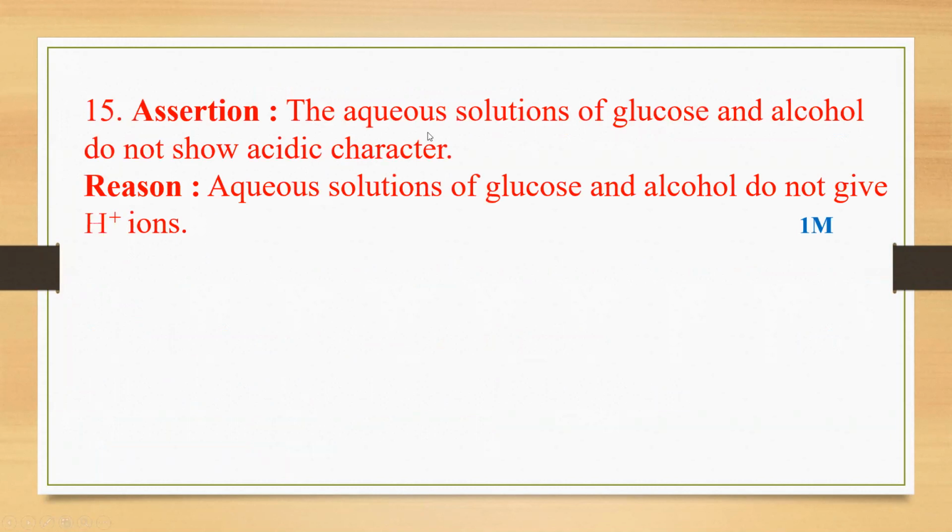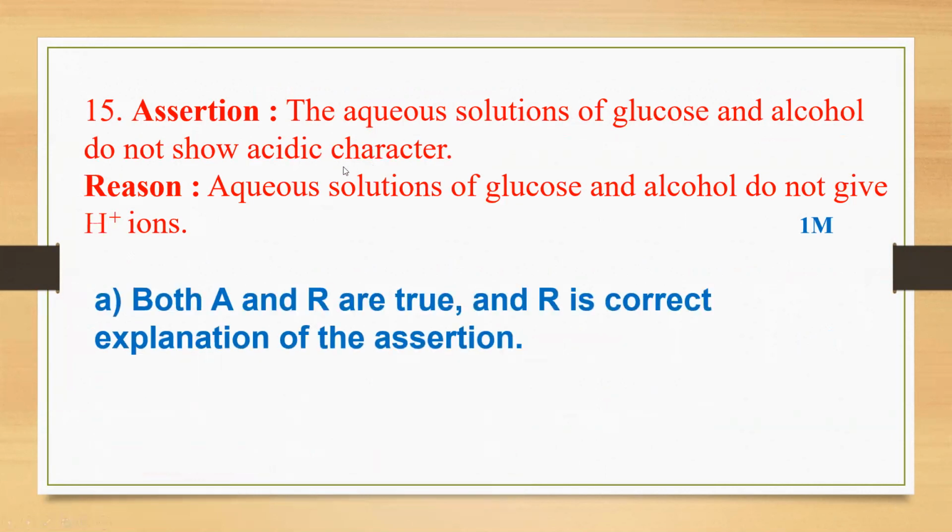The 15th one. Assertion: the aqueous solution of glucose and alcohol do not show acidic character. Reason: aqueous solutions of glucose and alcohol do not give H plus ions. Here we know that whatever substance shows acidic character should produce H plus ions. Any substance which furnishes H plus ions in aqueous solution is called an acid, isn't it?